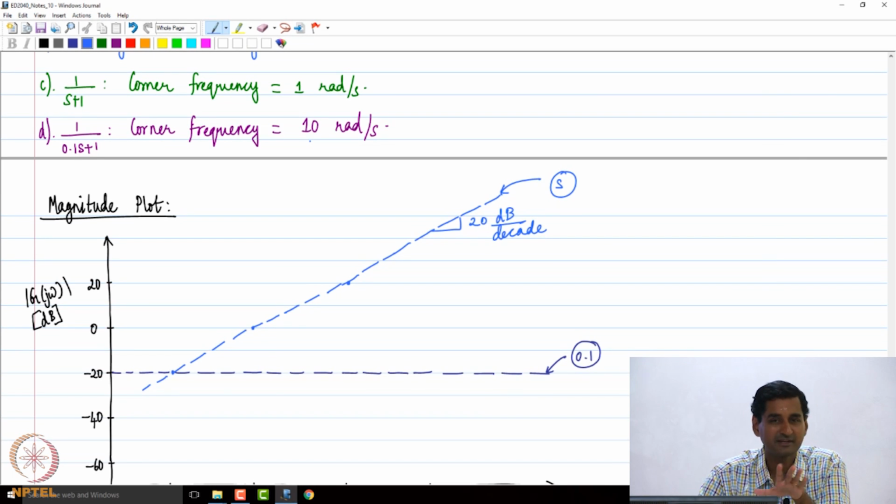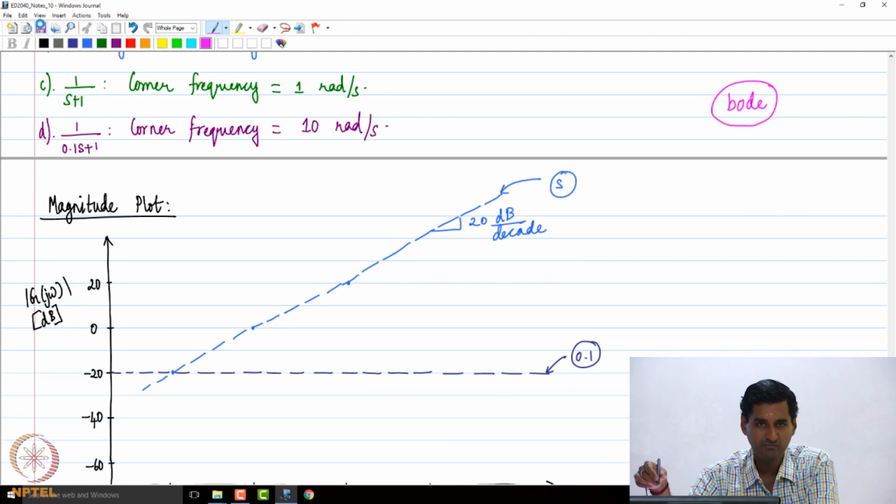You don't need to apply the correction as a first cut plot. Of course, in real life, you need to apply the correction and get the actual plots. But nowadays, if you use the command bode in MATLAB, you will get the Bode plot itself. So you just check out the command bode in MATLAB.